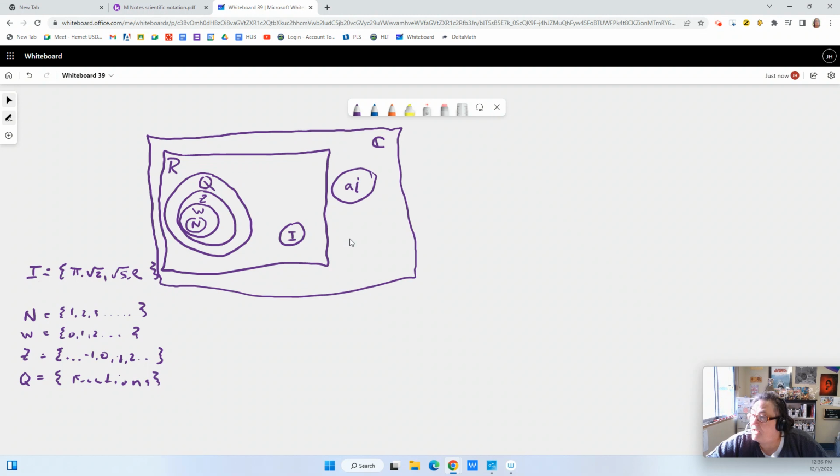And then we also have our a plus bi, which is real numbers plus an imaginary component, right? So the real numbers sit inside this complex number system.